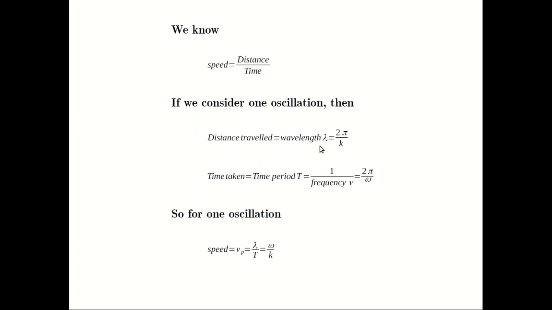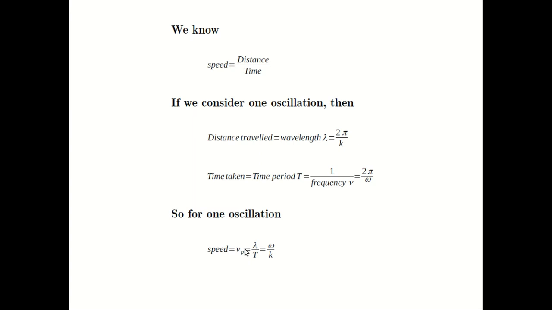So taking these into account, for one oscillation, we can write the expression for speed equals lambda by T, which is equal to omega by k. This ratio omega by k we call the phase velocity Vp.